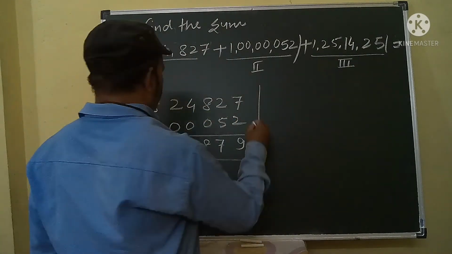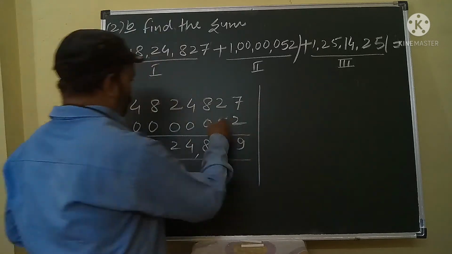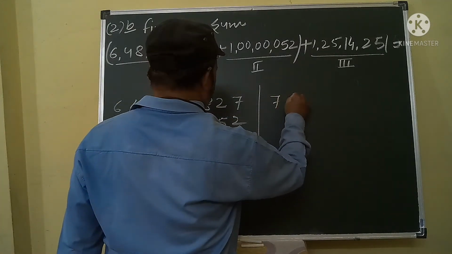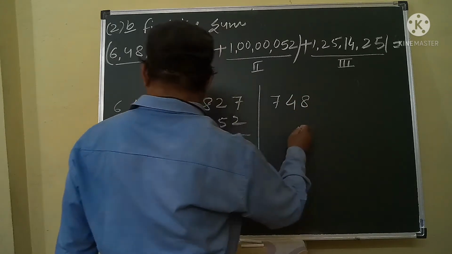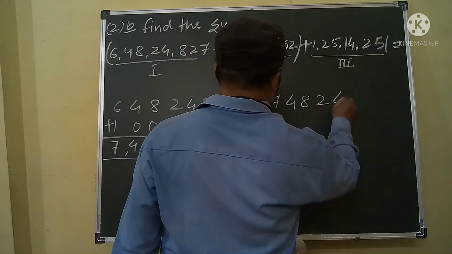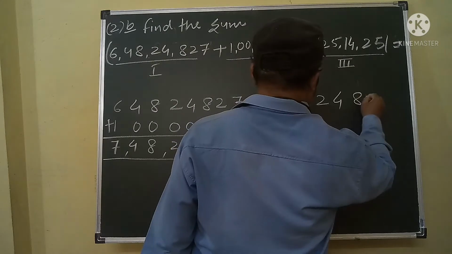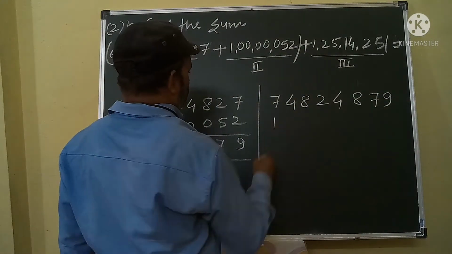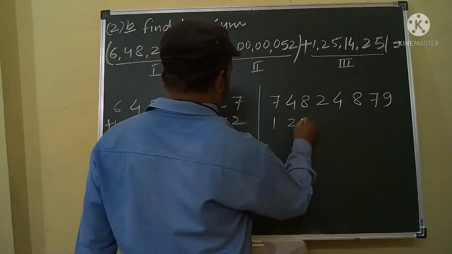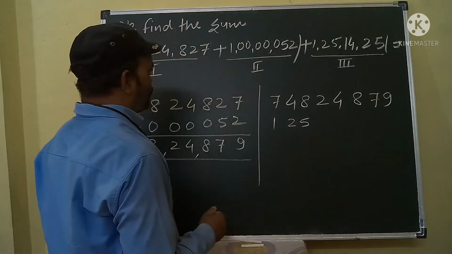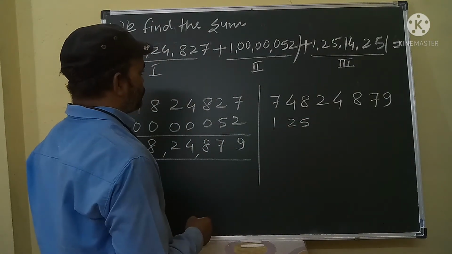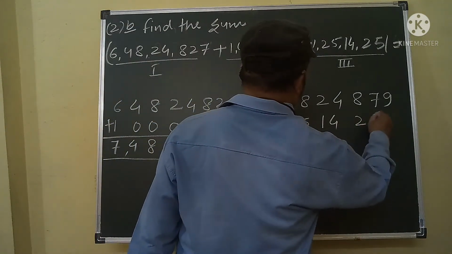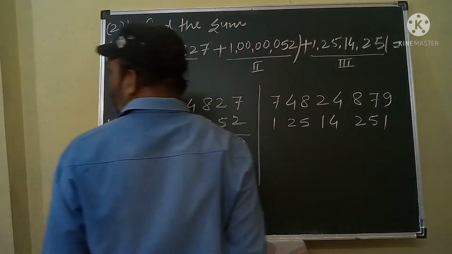So this is the sum of first and second number. 7 crores 48 lakh 24,879, and this is 1 crores 25 lakh 14,251.